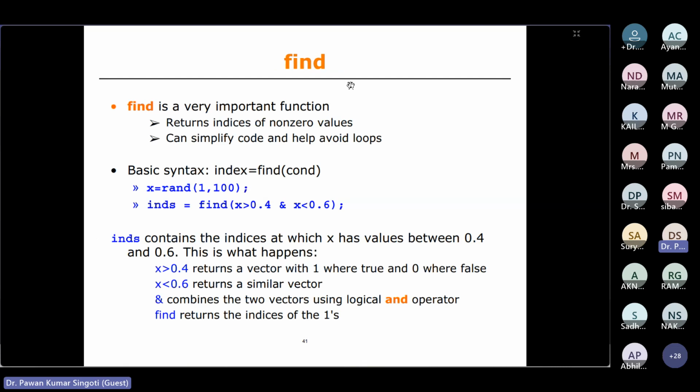Because code can be very lengthy, for this purpose find is a very important function. Find returns the indices of non-zero values, can simplify code, and helps avoid loops. So it is possible to simplify the code and avoid the use of loops.